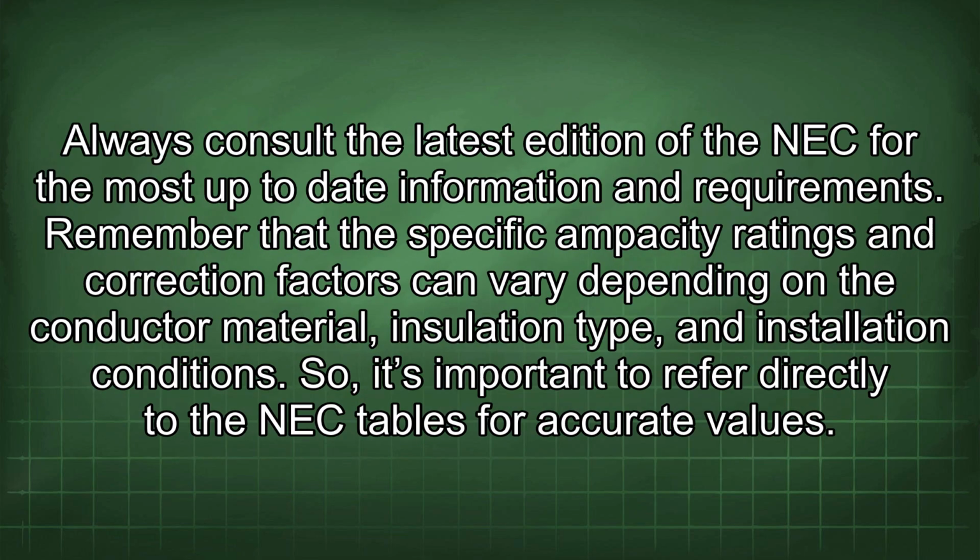Always consult the latest edition of the NEC for the most up-to-date information and requirements. Remember that the specific ampacity ratings and correction factors can vary depending on the conductor material, insulation type, and installation conditions. So, it's important to refer directly to the NEC tables for accurate values.